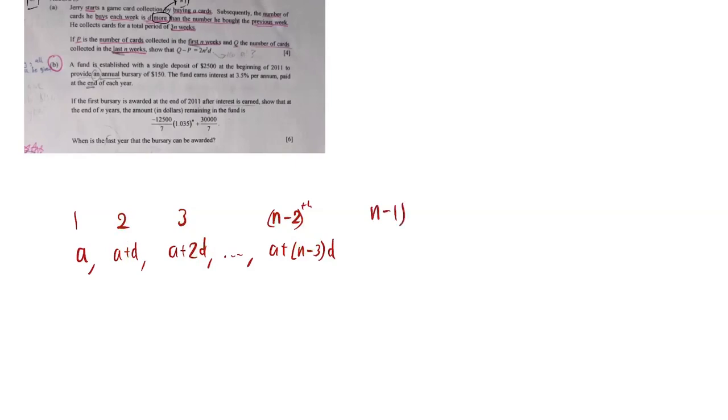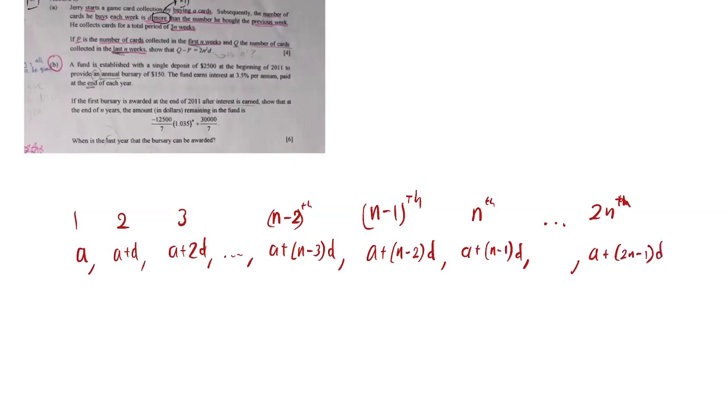And if it's the N minus 1th week, what's the expression? A plus N minus 2 D. Then if it's the Nth week, A plus N minus 1 D. Then so on and so forth until you hit, let's say, the 2Nth week. What would it be? A plus 2N minus 1 D. Correct.